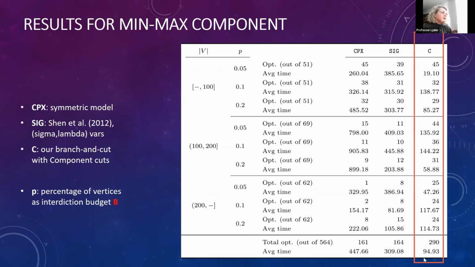If we look into the total, now we have 564 instances. Again, the winner is the branch and cut with component cuts, and the average time goes down significantly compared to the other two methods.